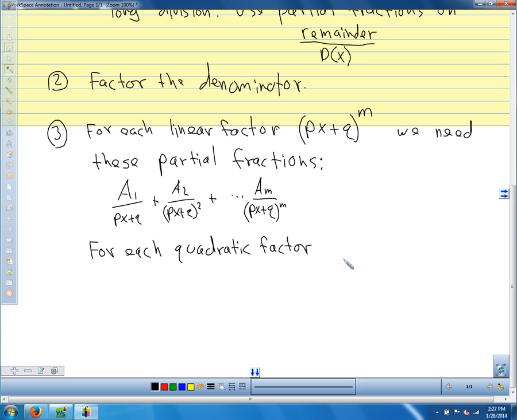And our quadratic factors are going to look like ax squared plus bx plus c. We need these partial fractions.